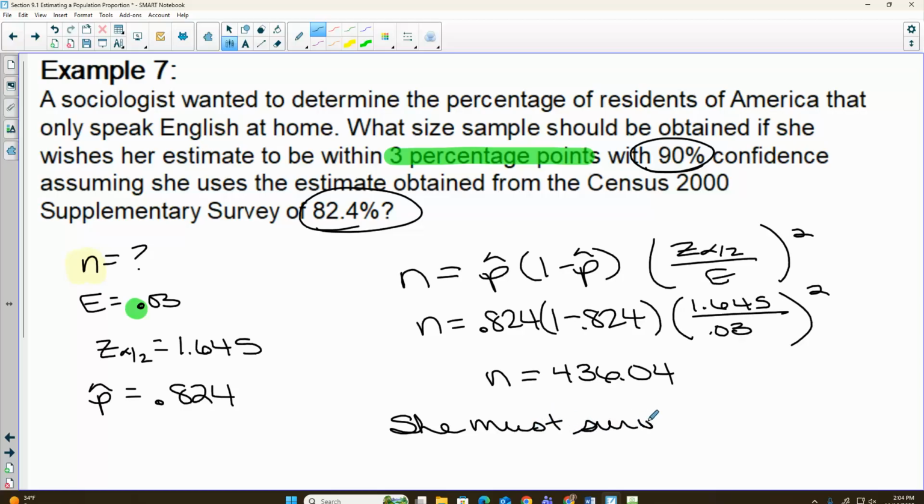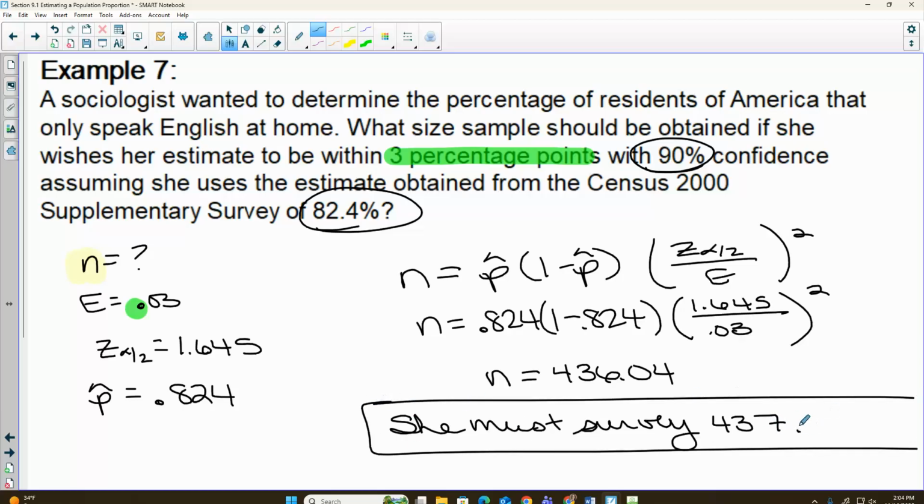Can you have 0.04 of a person? If she surveys 436 people, would that be enough? No, you always round up here. So 436 wasn't enough, so you have to go with 437. That's how big the sample needs to be in order to be accurate within 3%.